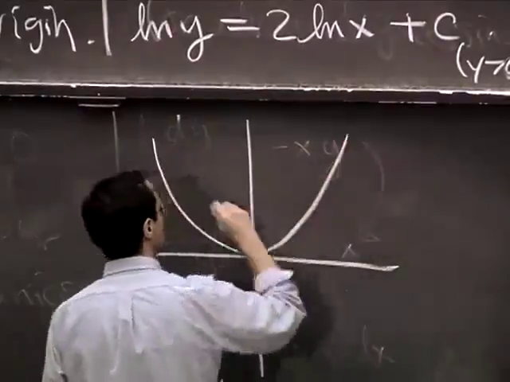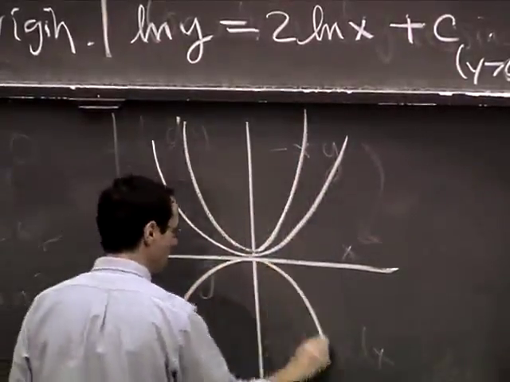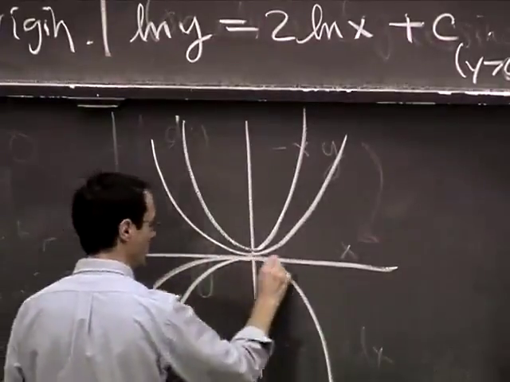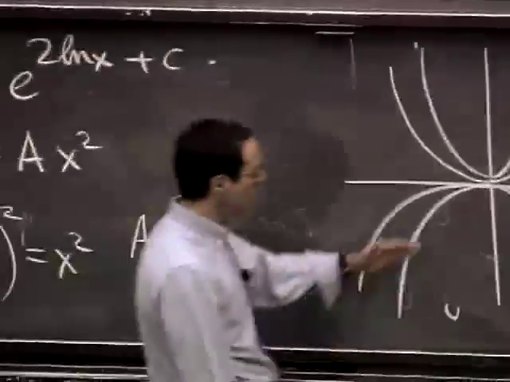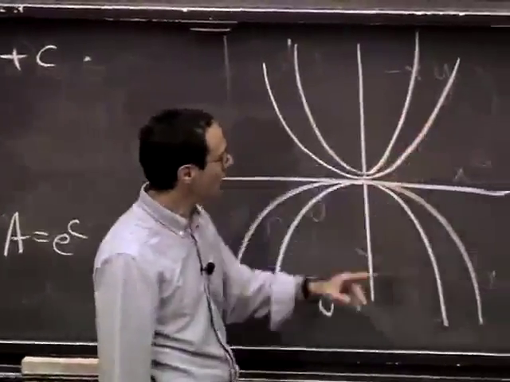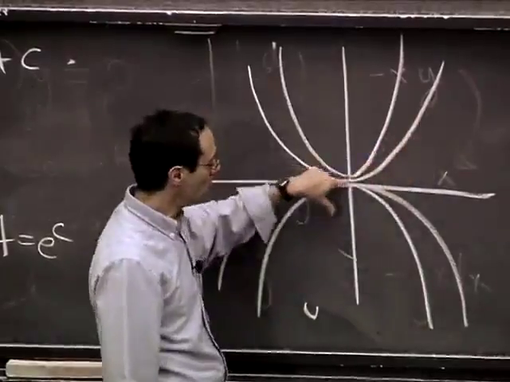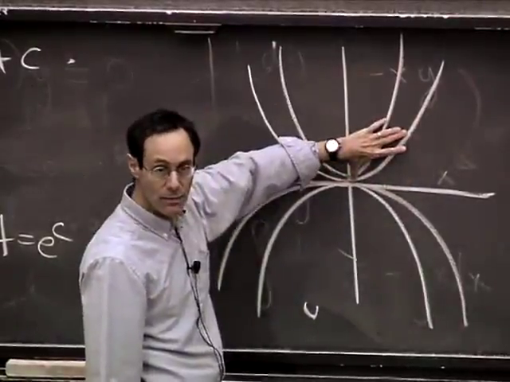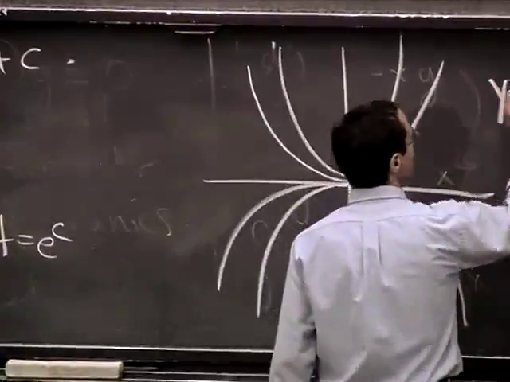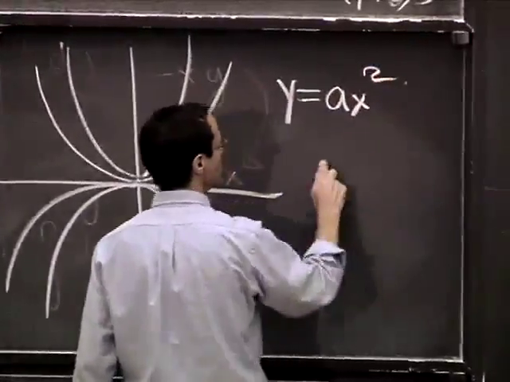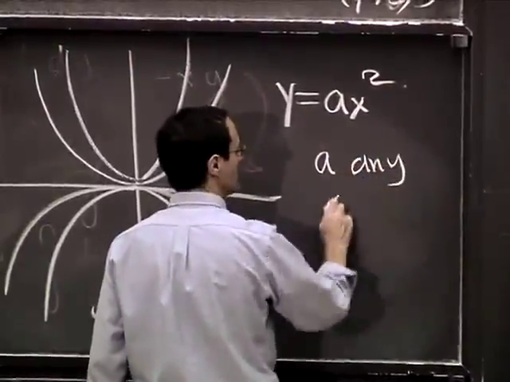So the solution is this family of functions, and they can be bending down as well as up. So these are the solutions to this equation. Every single one of these curves has the property that if you pick a point on it, the tangent line has twice the slope of the ray to the origin. And the formula, if you like, of the general solution is y equals ax squared. A is any constant.